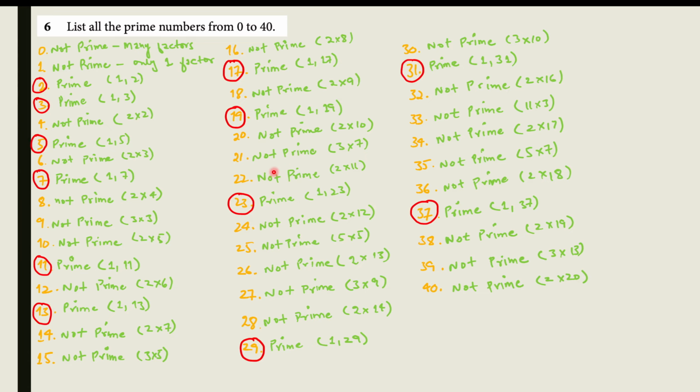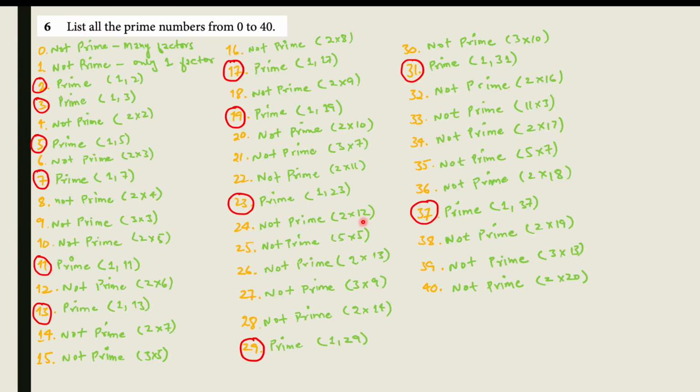Has many factors. 22 is not a prime number. 2 multiplied by 11 is equal to 22. 23 is a prime number. It has only two factors, 1 and 23. 24 is not a prime number. 25 is not a prime number, 26, 27, 28, and in here, other than 1 and the number itself, some other factor pairs I have given for you to see that they have many factors.